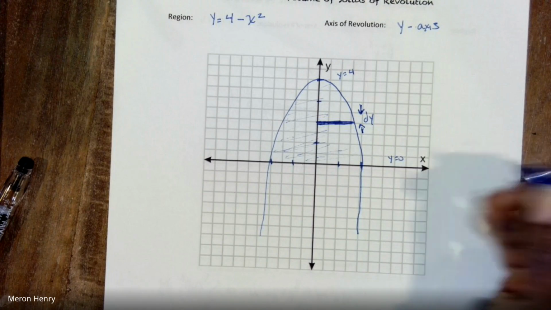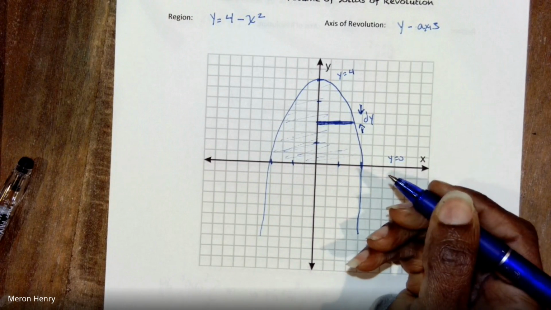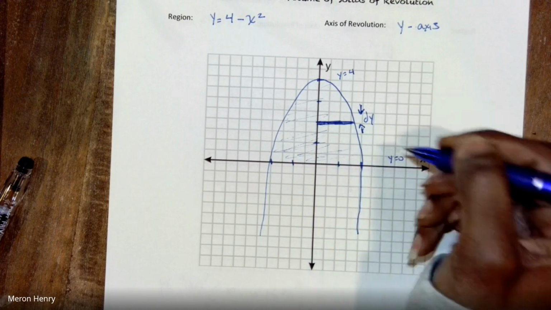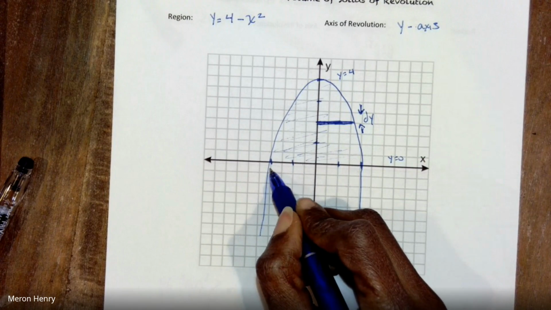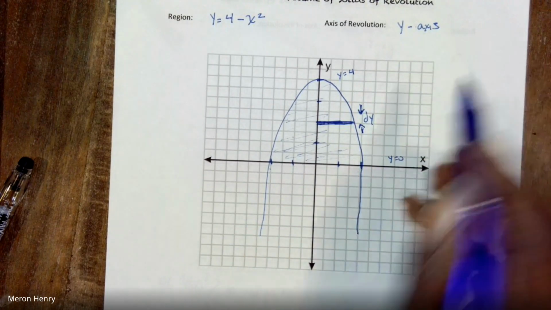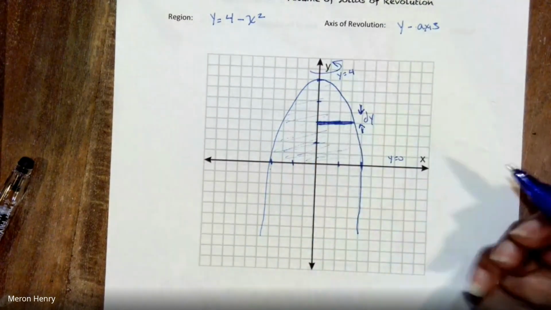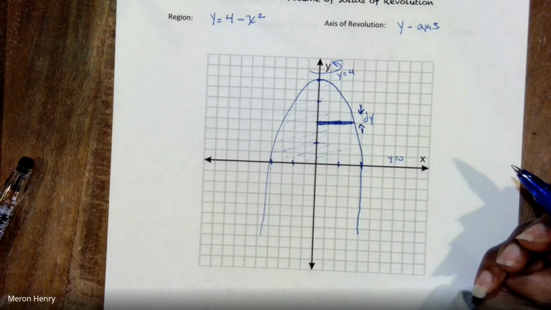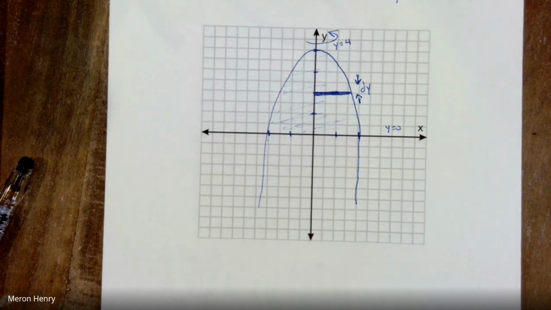Or you could be told between -2 and 2, but since we're doing our revolution around the y-axis, we care about our y values for our interval, right?